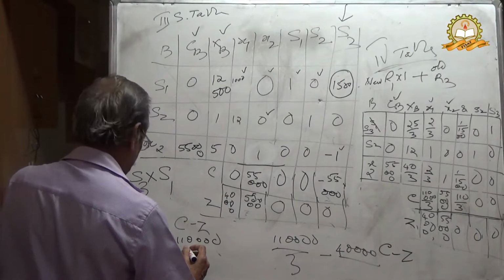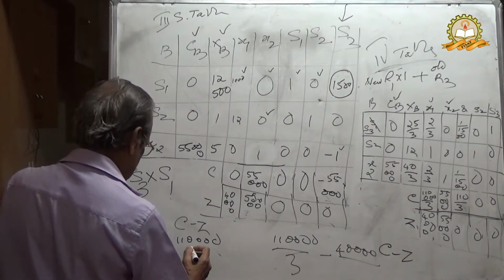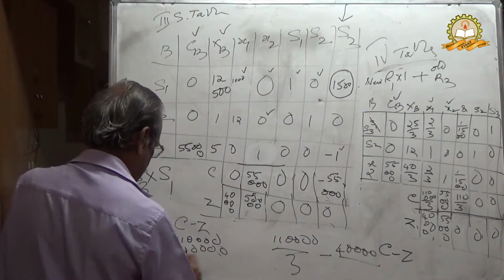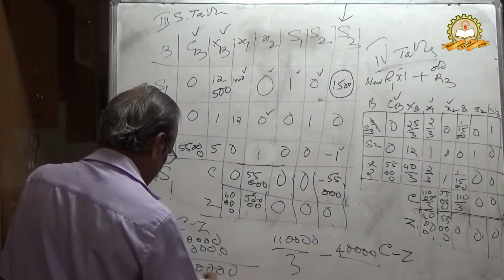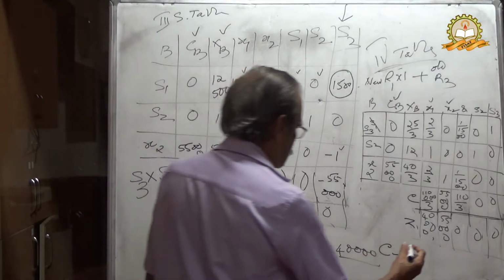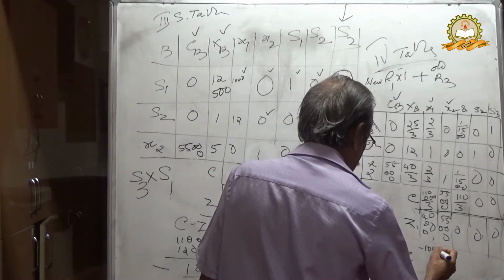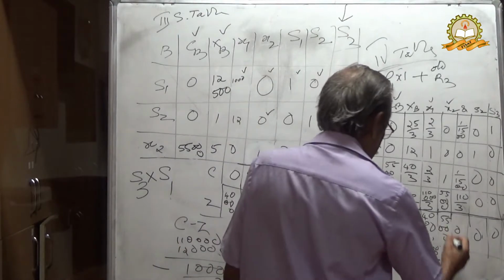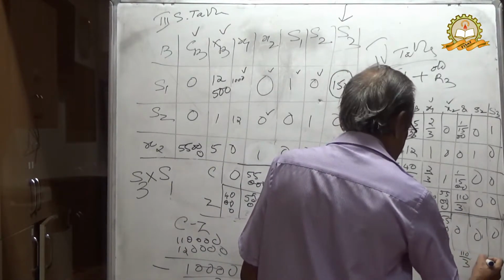Negative by 3, therefore this will be subtracting negative by 3, 4 zeros by 3. Here it is 0, here it is positive 0, 0.